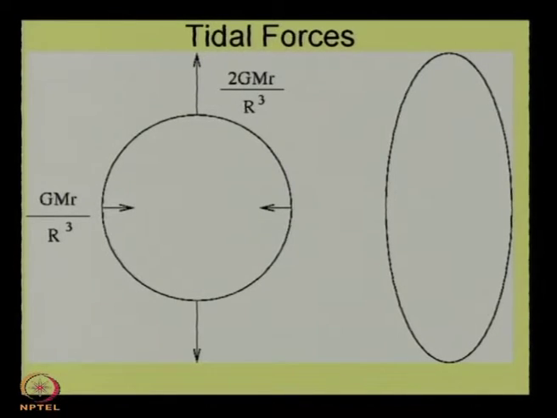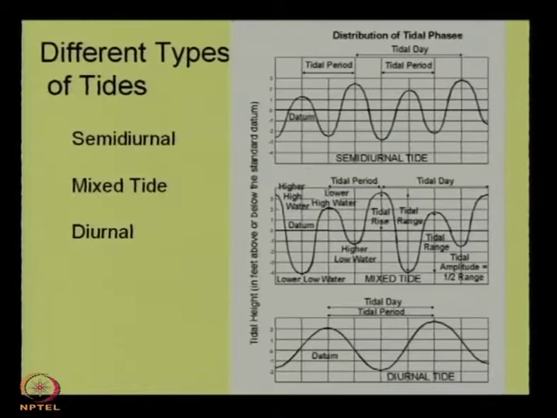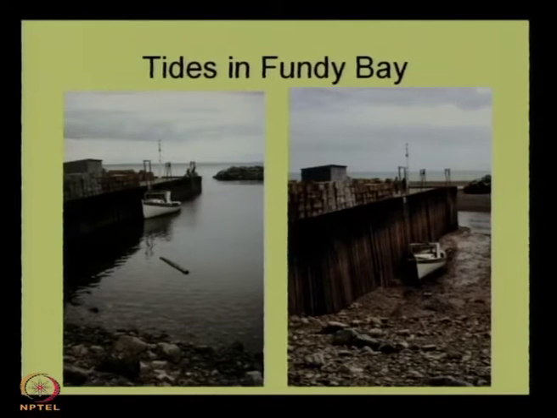Now, these tidal forces are what are responsible for the level of the sea going up and down. Okay. See, the earth is falling freely in the gravitational field of two massive objects.